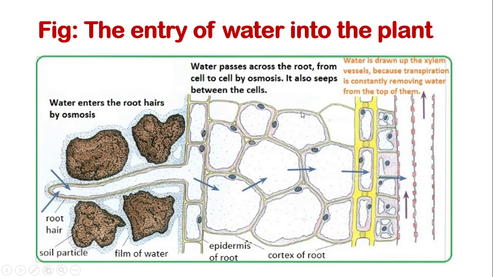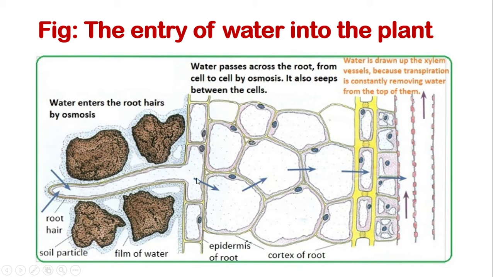So here we have the picture. I'll explain the whole process with the help of this picture. This brown structure with irregular shape are soil particles. The blue region surrounding the soil particle is water, a film of water along with dissolved minerals.